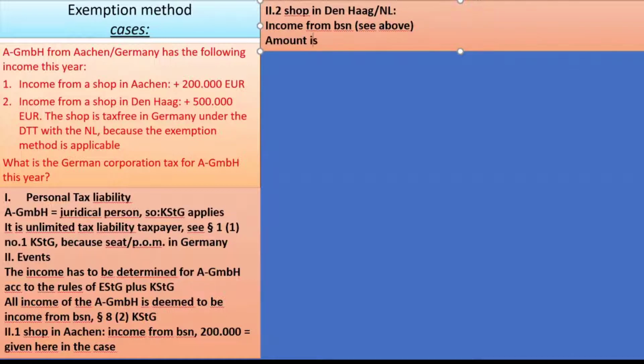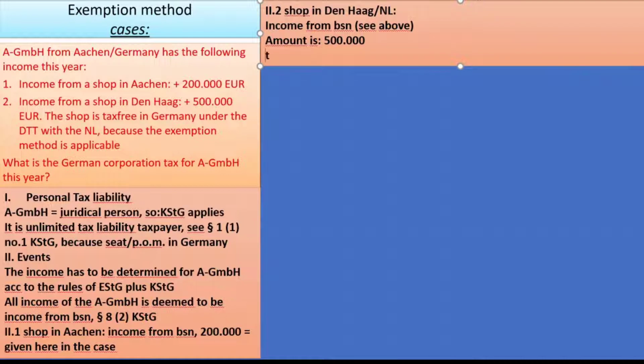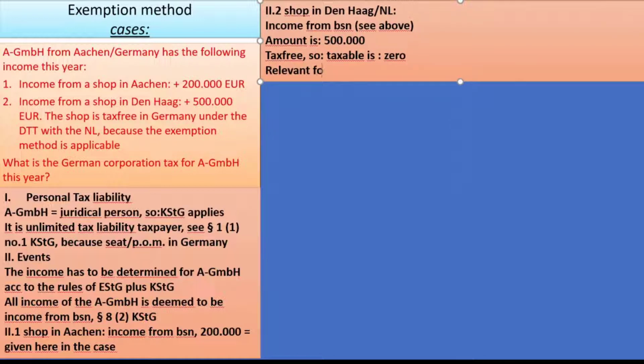The amount is in theory 500,000, but tax-free, so taxable is 0. Now, is there something relevant for the proviso safeguarding progression?